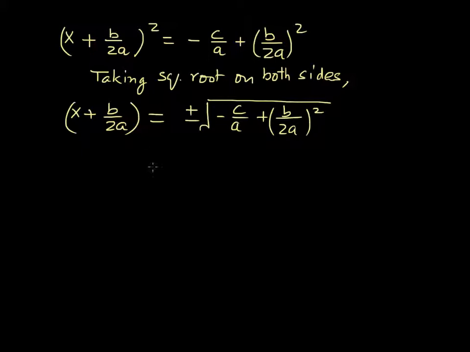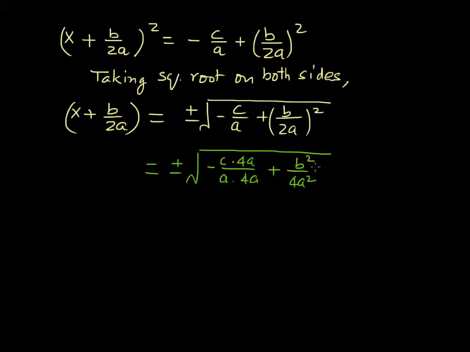Now we can further solve it. We have to make the same denominator here. So I'm going to multiply it by 4a here, and let's multiply 4a here also. And the second term remains b square upon 4a square. I've just opened the bracket here.